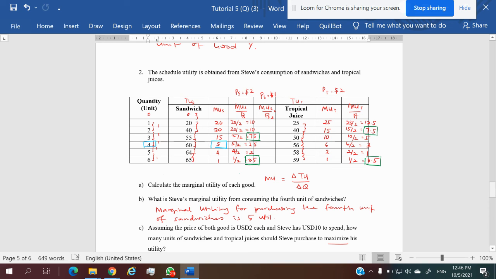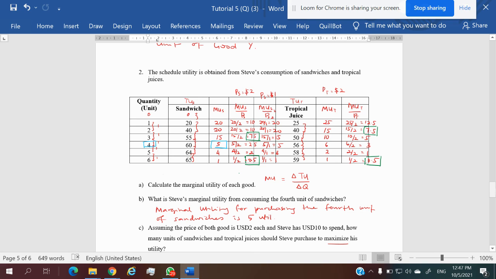So what happened? 20 divided by 1, 20. 15 divided by 1, 15. 5 divided by 1 is 5. 4 divided by 1 is 4. And 1 over 1, 1. So this is when the price is $1.